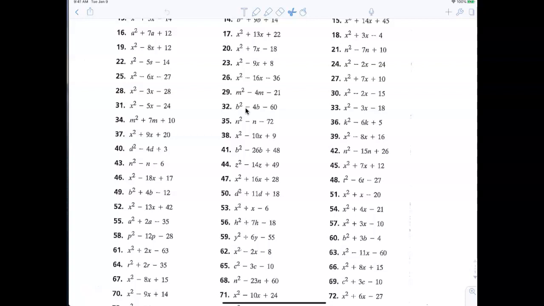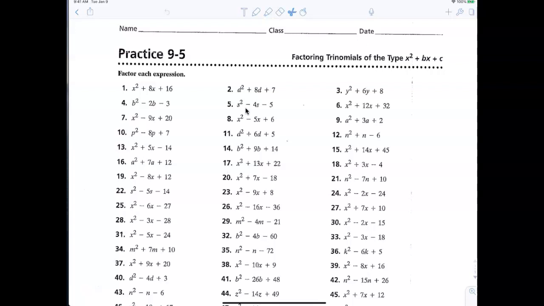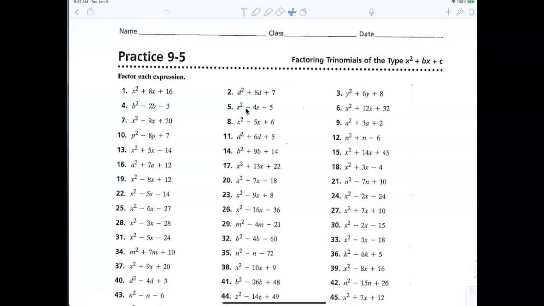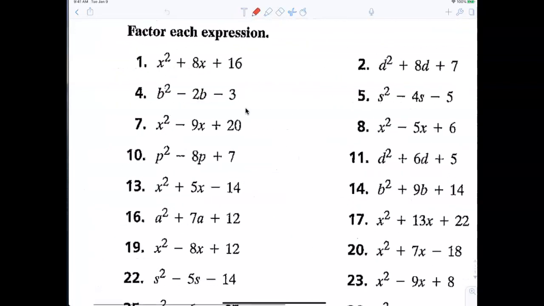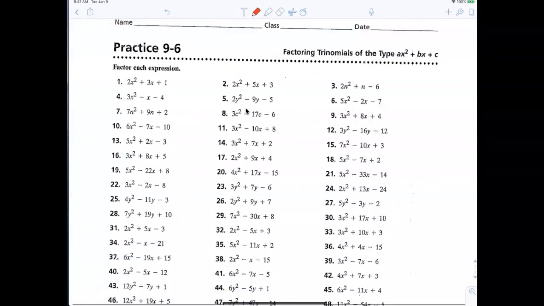Now, again, today this worksheet we say is easy. The reason why it's easy, first and foremost, is because the leading coefficient is a 1. Anytime the leading coefficient is 1, the factoring is simple. Tomorrow we get to something where the leading coefficient is not a 1.